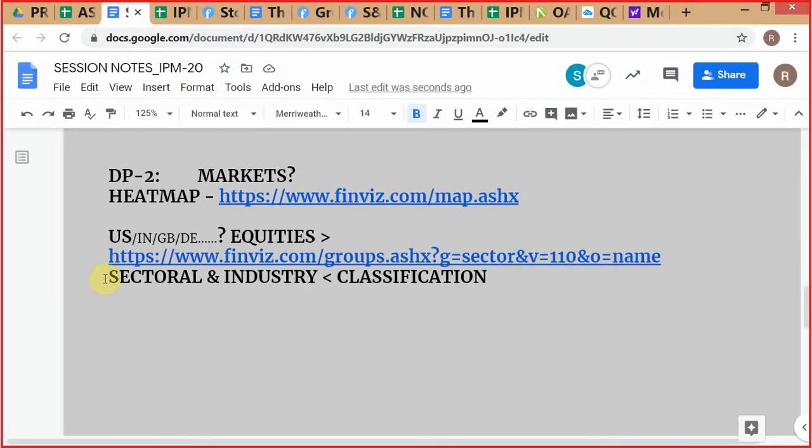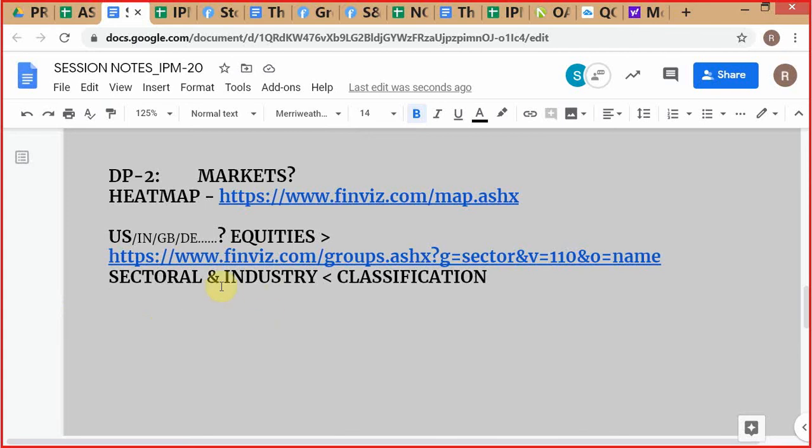What is more important is the general principle: when you're looking at the equities of any particular country, or even the debt securities, you will have to do a sectoral and industry classification. Are you following what I'm saying? General principles? Yes, sir. Good. Your learning has to always be in terms of general principles. You will have some specific learning also, but the general principles are more important.